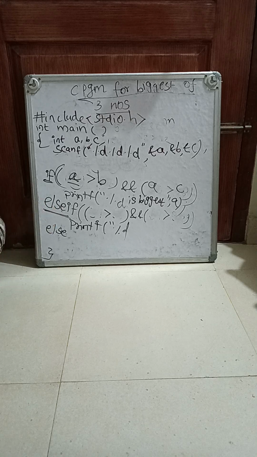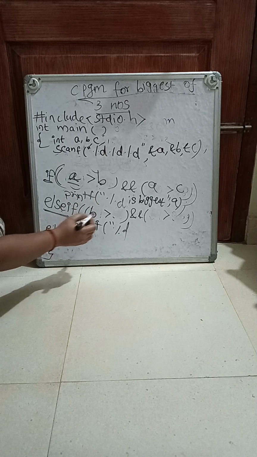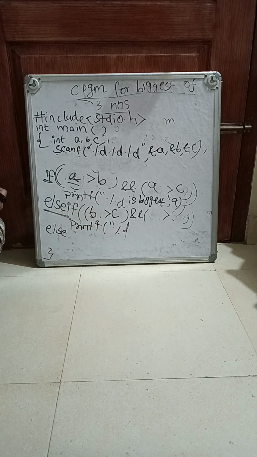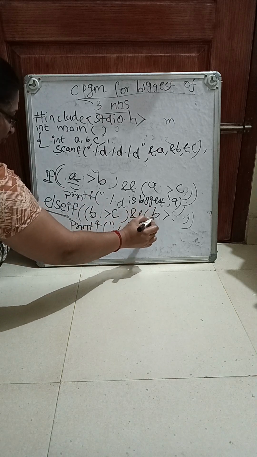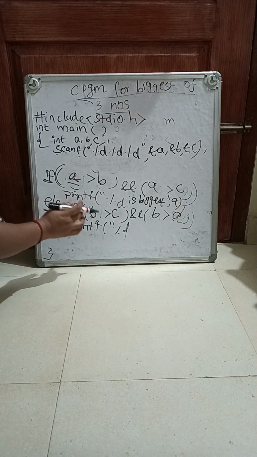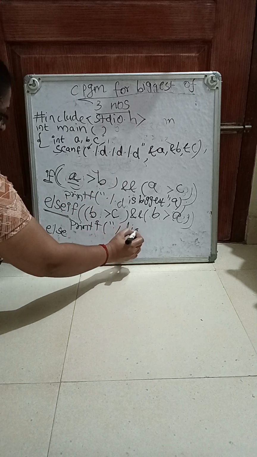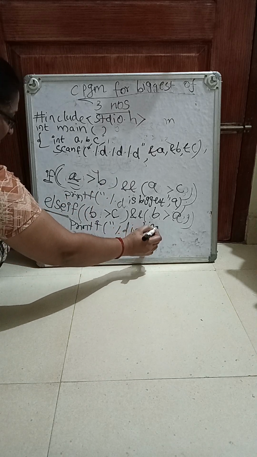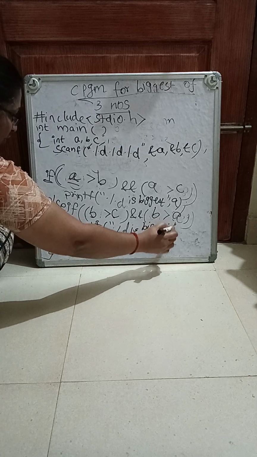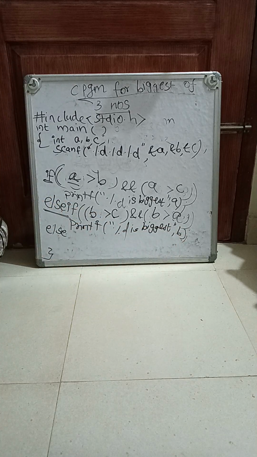Next, else if: the value of B should be greater than C and also greater than A. So if B is greater than C and also A, then %d is biggest, and in the place of that I am going to replace it with B.